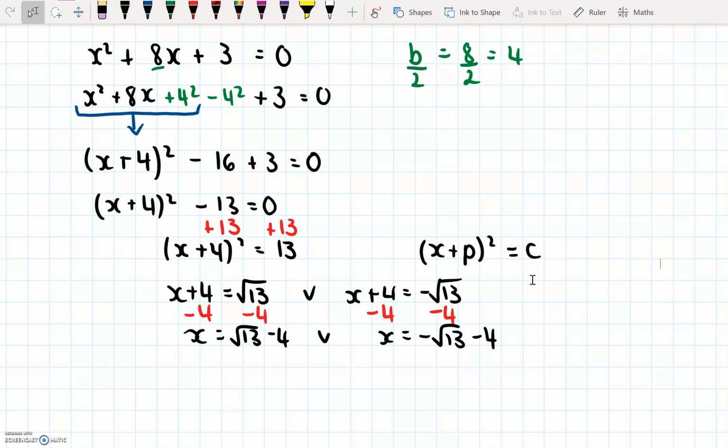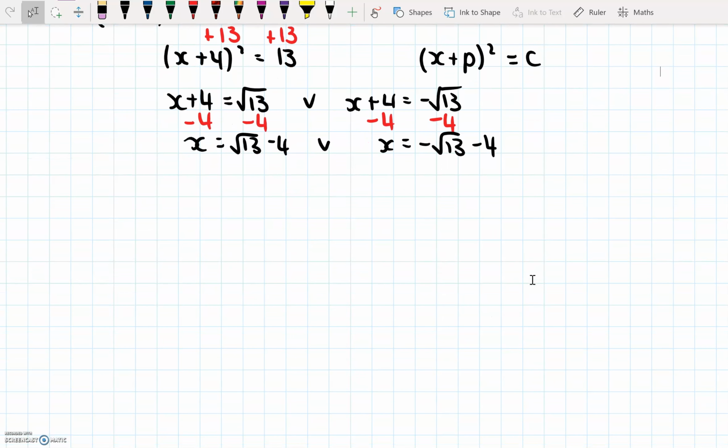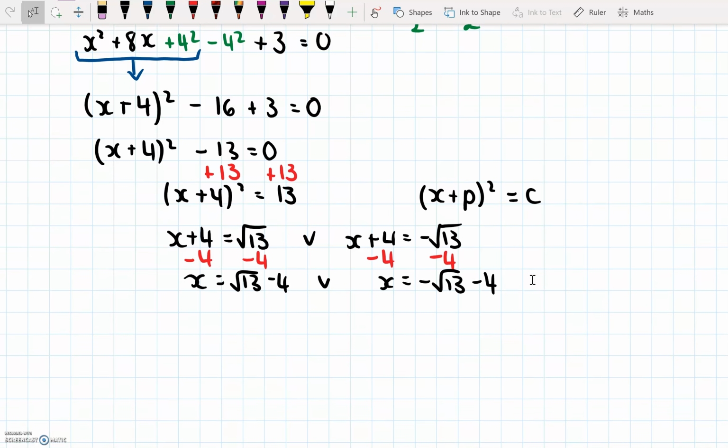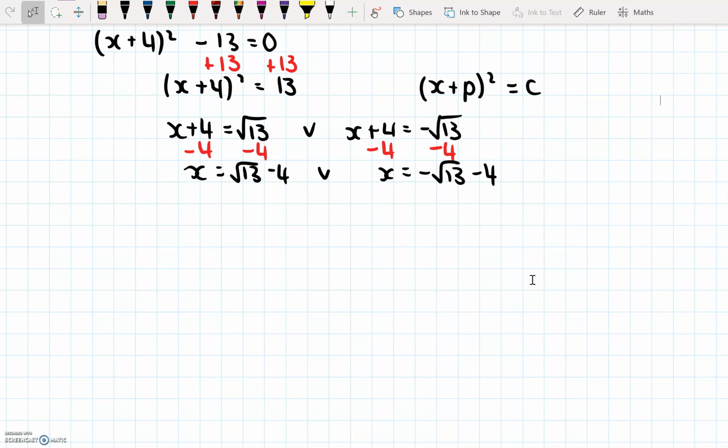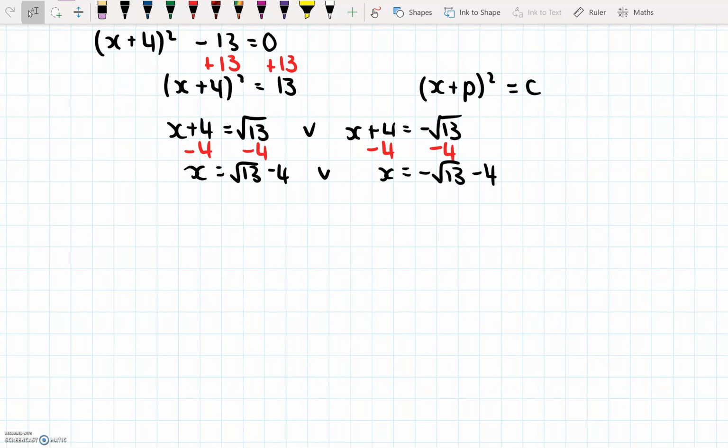Okay, we can do another one for an example. There was one I did in class that I really liked, and that was x squared plus a half x minus 3. We'll make that equal to 0.